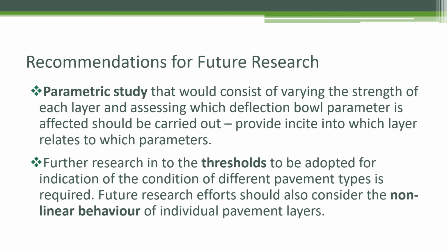Also, further research into the thresholds to be adopted for the indication of condition for the different pavement types is required. The future research efforts into this area should also consider non-linear behaviours of the individual pavement layers. This is something that I was unable to incorporate into this research.